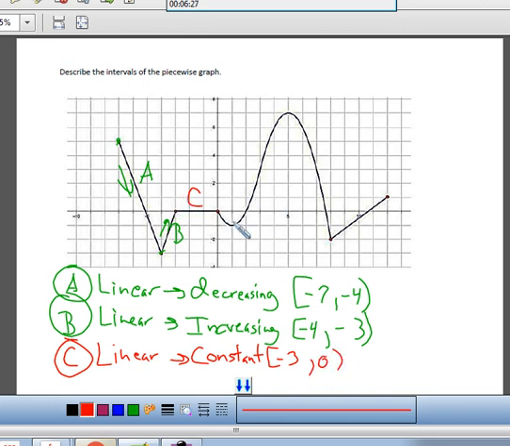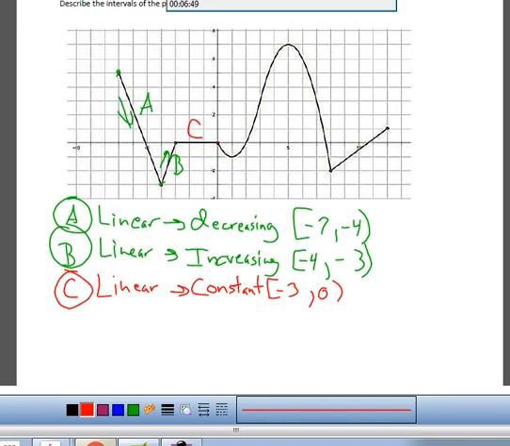So going from left to right, notice I include the first one, but not the second one. Again, it's not wrong if you did do a square bracket for, say, the first section, but then you would not want to do that for the following one, because if it's included with the first one, it can't be included with the second. All right, so our next section looks a little different.